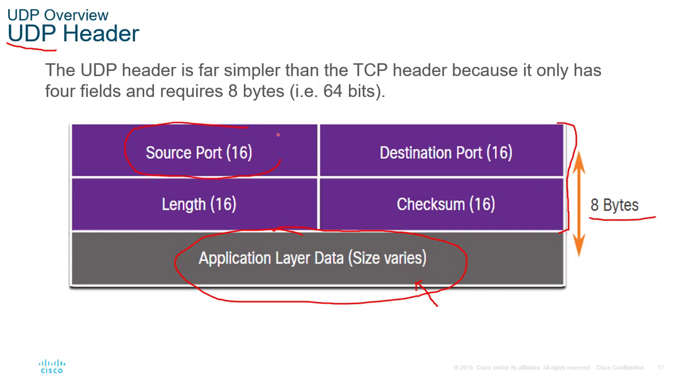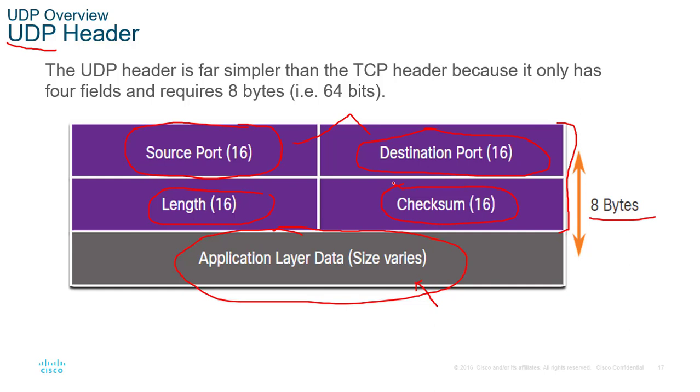We have the two main fields that are important for both TCP and UDP, and those are the source and destination ports, identifying the applications or services on each host that are to process the data. We have a header length field and a checksum to check the integrity of the data, that it hasn't been corrupted.